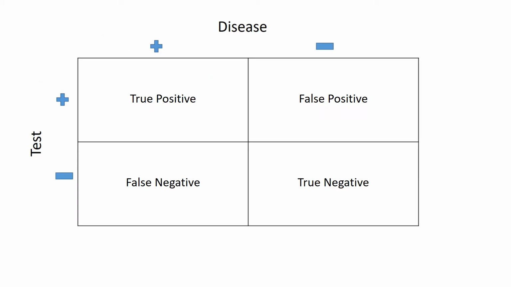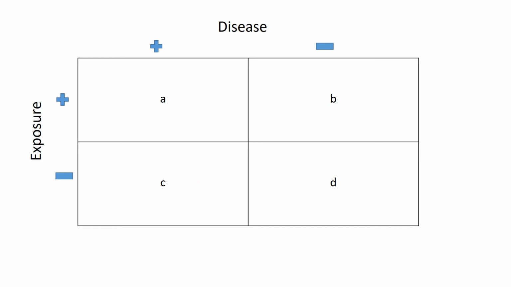This is our 2x2 table from our last session, and there are 4 outcomes for any test in disease state: true positive, false positive, false negative, and true negative. We're going to change that 2x2 table just a little bit and instead compare exposure to disease.